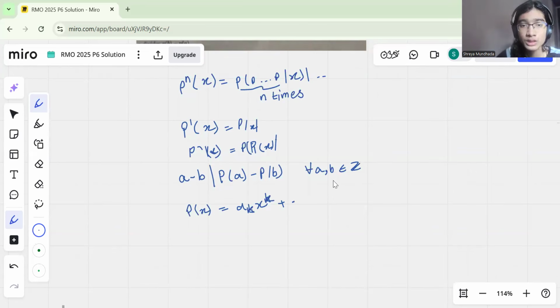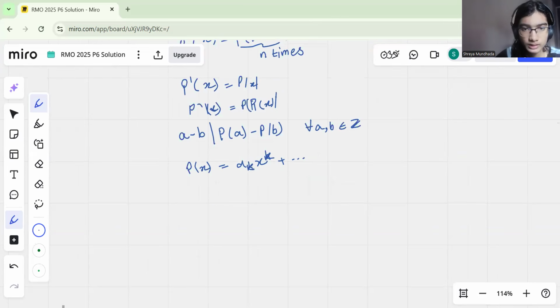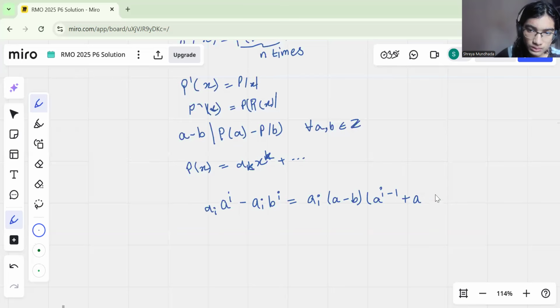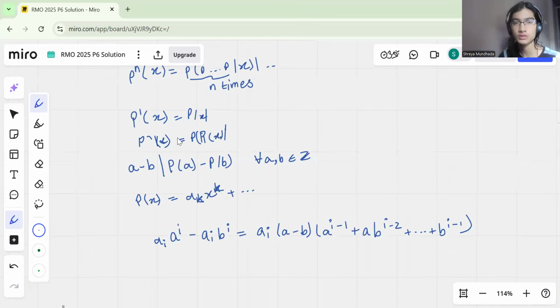If you subtract, each of the coefficients will be something like a_i a to the i minus a_i b to the i, which is a_i times a minus b times something. So this thing will hold. That's the proof of this lemma.